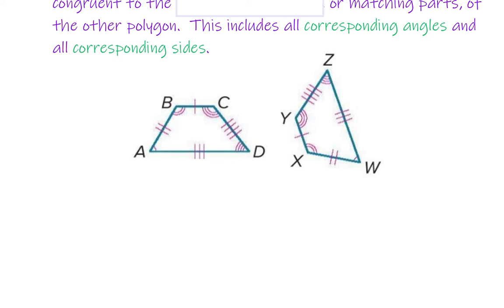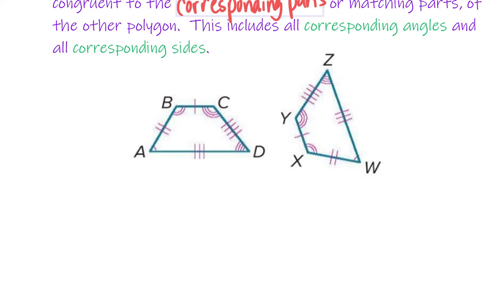So what we do know is that in two congruent polygons, so polygons are things made up of straight lines, all of the parts of one polygon are congruent to the corresponding parts, or the matching parts, of the other polygon.